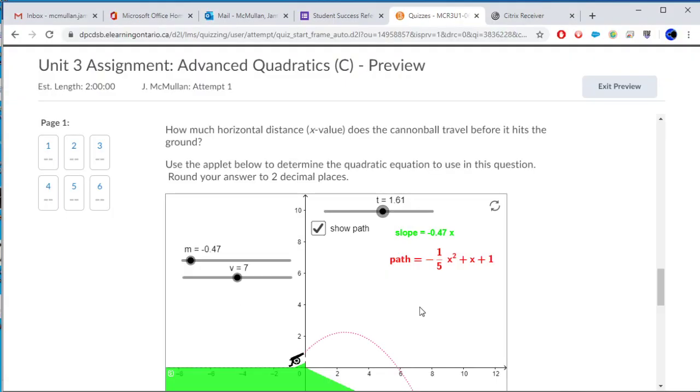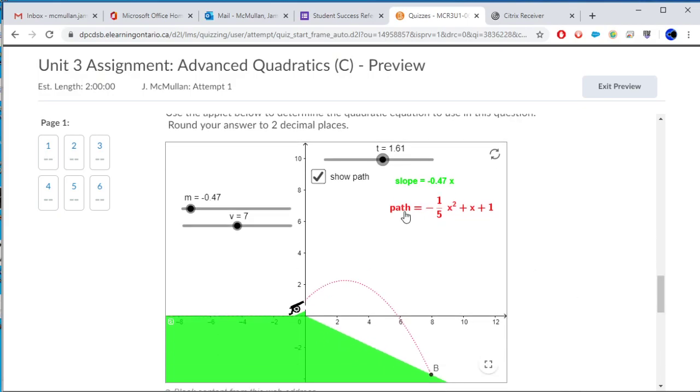So let's just explain. The path of the cannonball is not the time. Look. T is 1.19, but x is 6 meters here. Our equation is not h of t, it's h of x, right? So x is how far it's traveled in a horizontal way, where y is how far it's traveled in a vertical way.